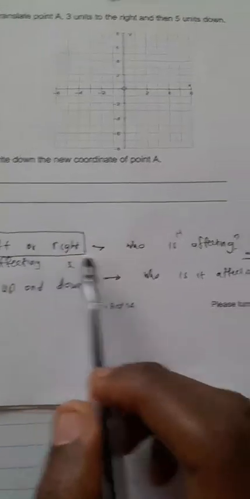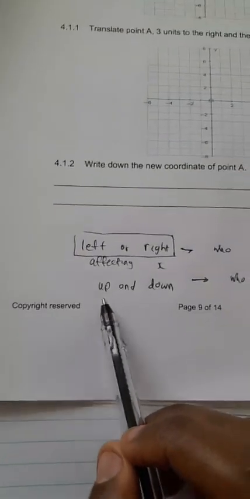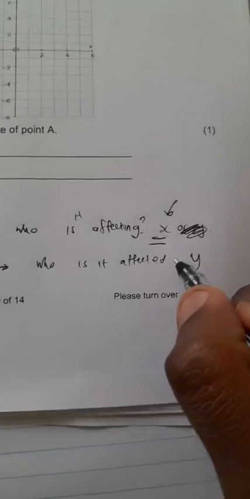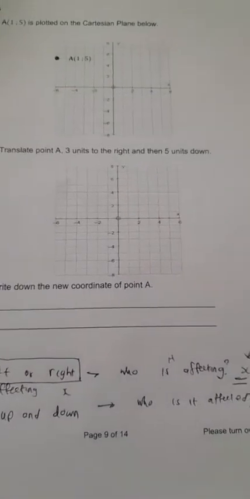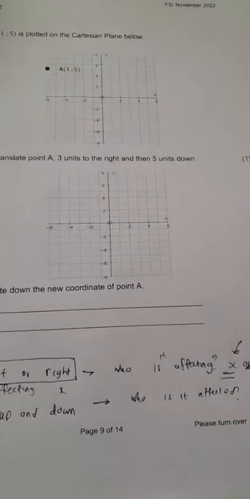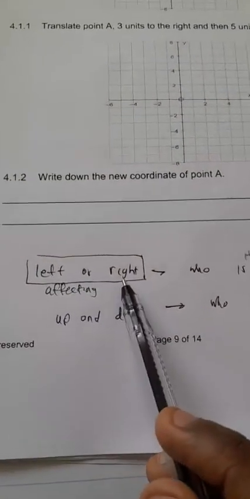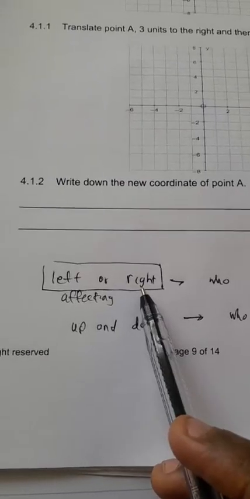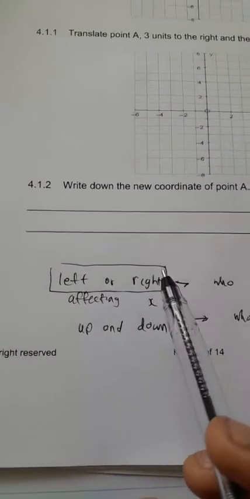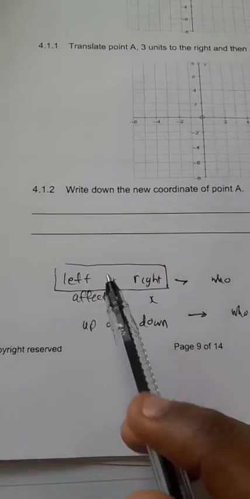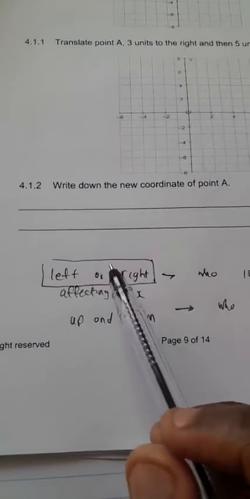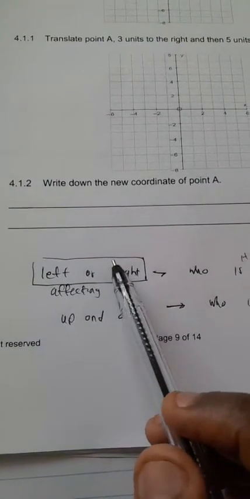So left and right movement, X is affected. Up and down movement, Y is affected. Please, people, I beg you. What's painful about translation questions? A lot of the times, the kids do not know who is affected. I'm going to repeat this. The minute we say we moved 3 units to the right, or 3 units to the left, what I'm asking first and foremost, before we jump into actual problems, is who is affecting who?